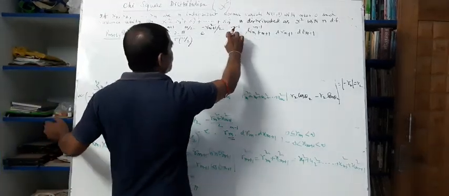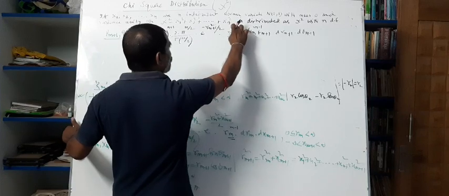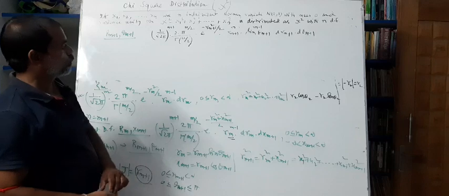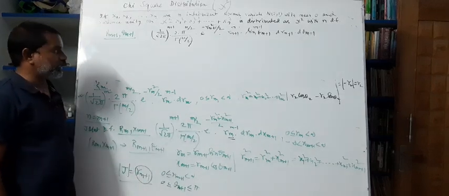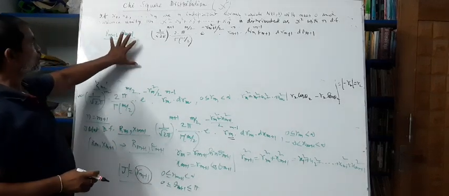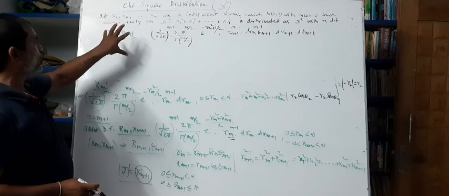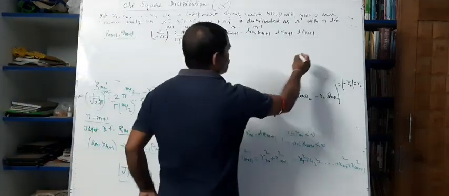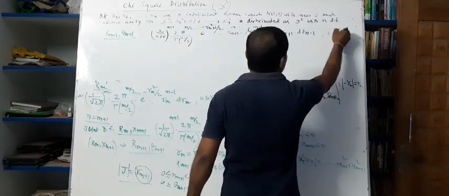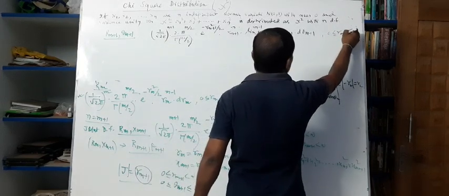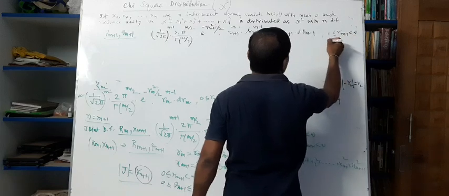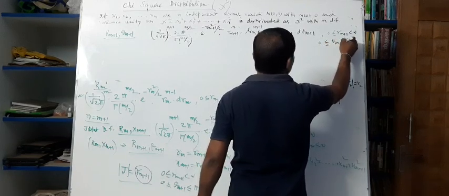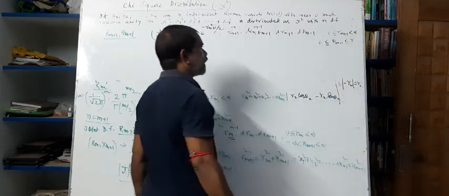So Rm plus 1 whole to the power m minus 1 converts to Rm plus 1 whole to the power m, adding the Jacobian. So this is the joint distribution function of Rm plus 1 and theta m plus 1. Here 0 less or equal to Rm plus 1 less than infinity, and 0 less or equal to theta m plus 1 less or equal to pi.